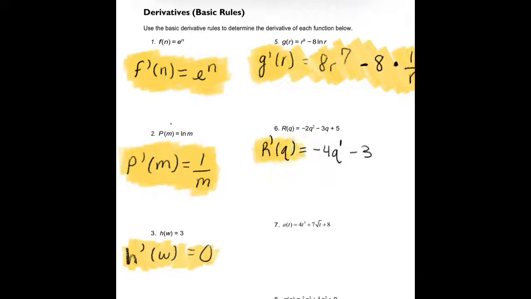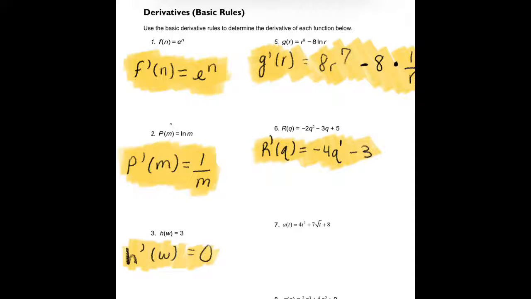So our final answer would be r prime of q equals negative 4q minus 3. We also don't have to necessarily put the 1, but it helps sometimes to visualize how the degree, or rather the exponent, is changing on the function itself when we take the first derivative.